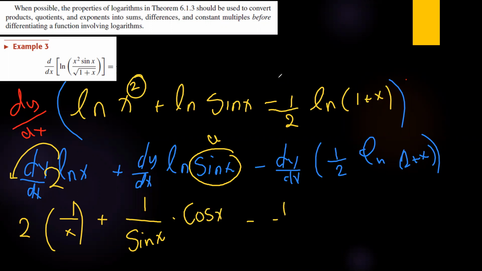Minus half, then the derivative of ln of 1 plus x. This is u, so it is 1 over 1 plus x times du over dx, which is 1. So we get 2 over x.